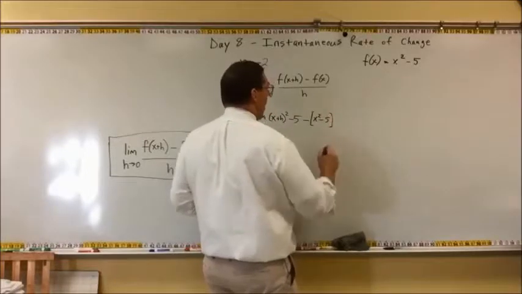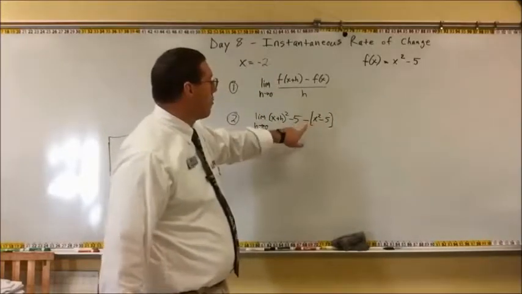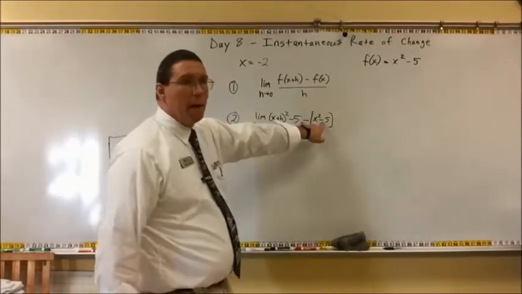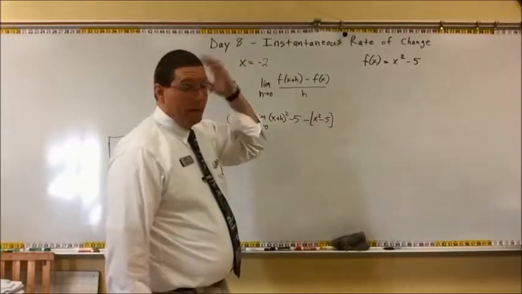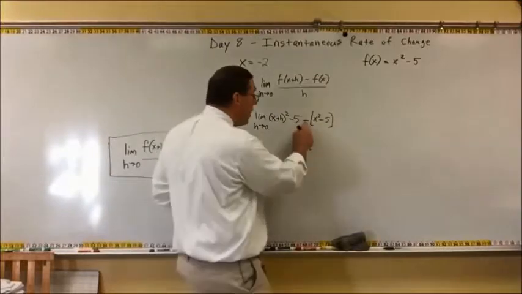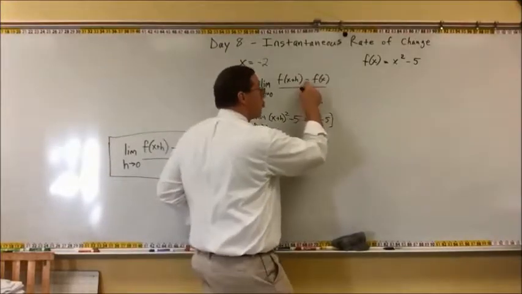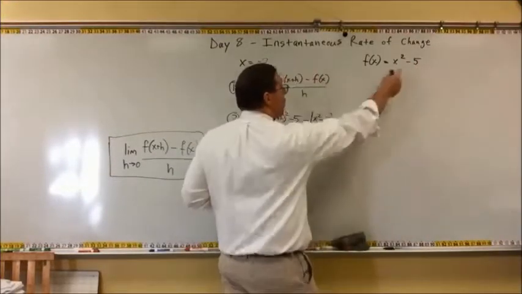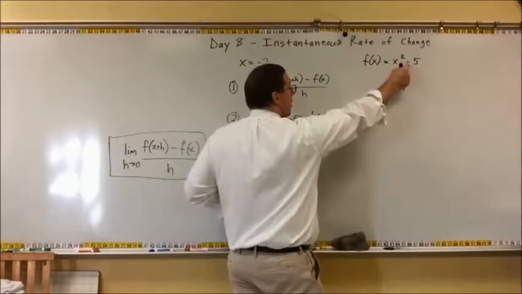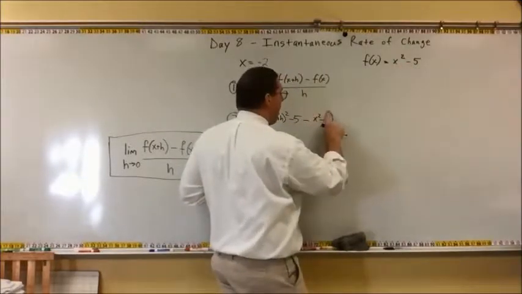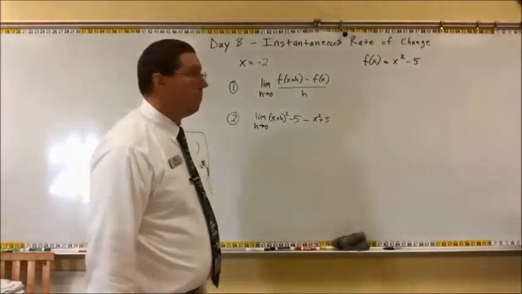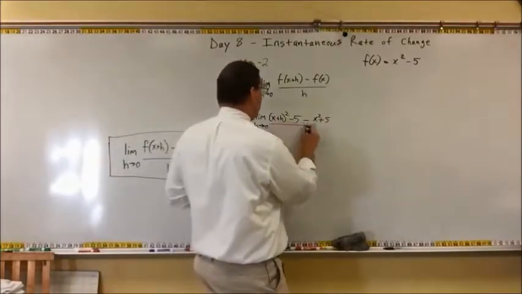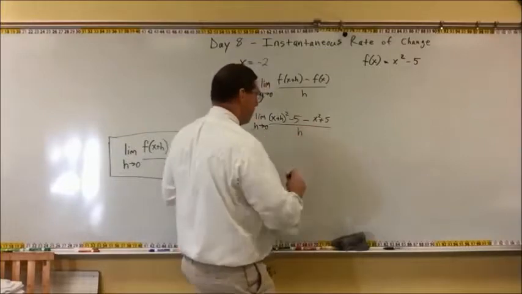Now I don't have to use brackets, but if I don't use brackets, what do I have to remember to do to this minus 5? I make it plus 5. I got to distribute the negative, right? I'm subtracting x squared minus 5. So what has to happen to this? Has to turn into a positive. So if I take the brackets out, I have to change this to a plus 5, right? Over h, right?